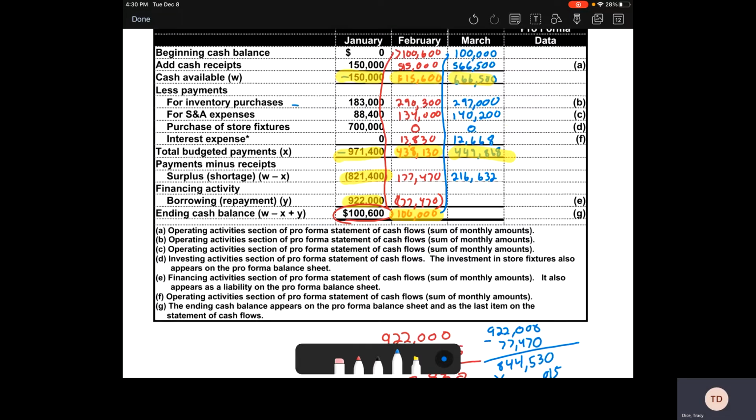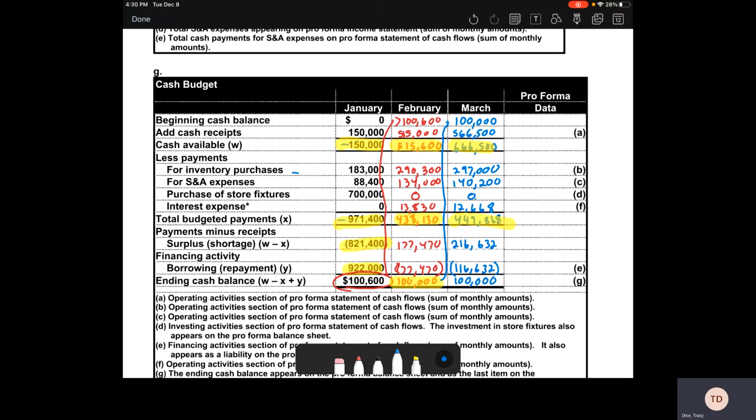So we again can repay part of our financing, and we want to end up with at least $100,000 here. So that's what we will leave, and we will pay off $116,632.